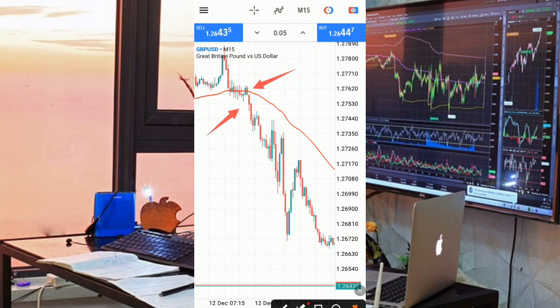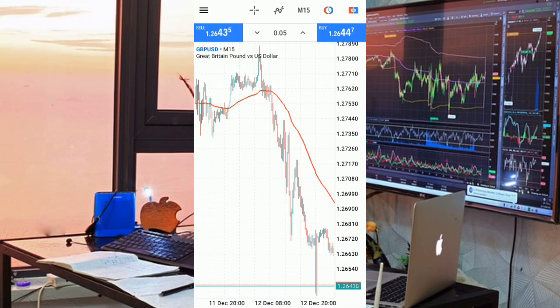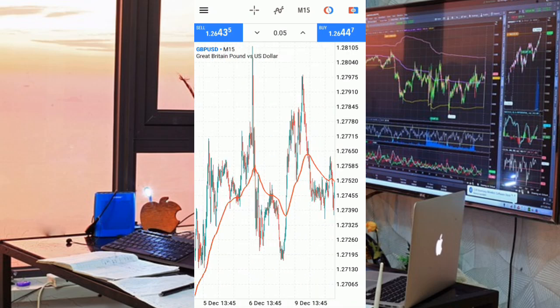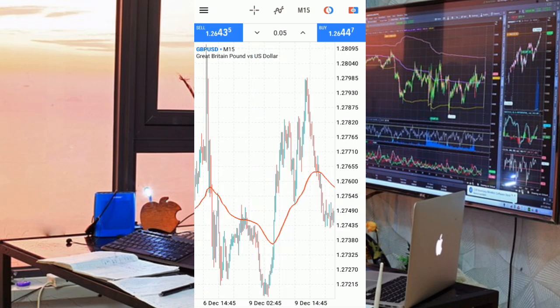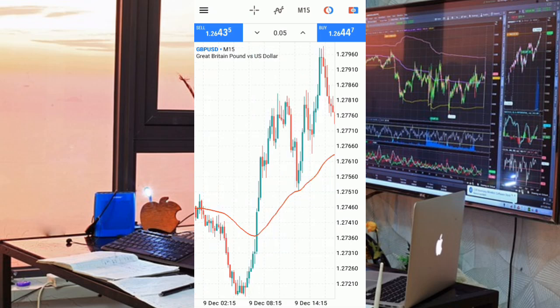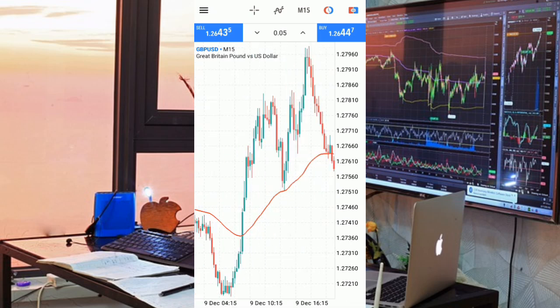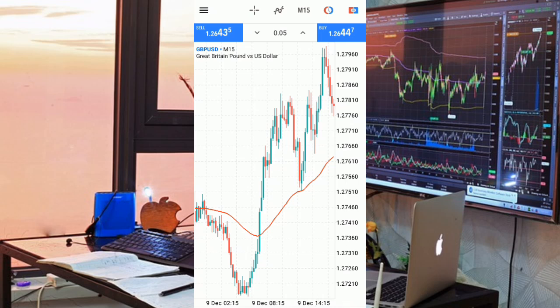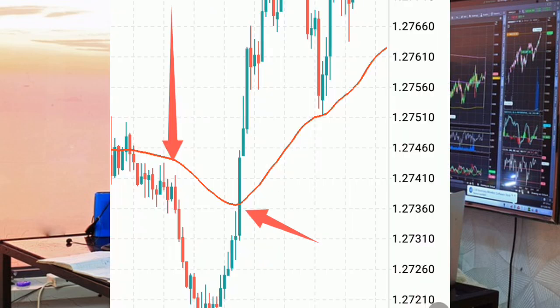So let me make an example of a bullish engulfing candle, or a place where we're going to place our buy setup. So let me check here. You can see the moving average is almost below price here, so it's coming to break the moving average at this point, and now we have got 3 consecutive bullish candles over here.